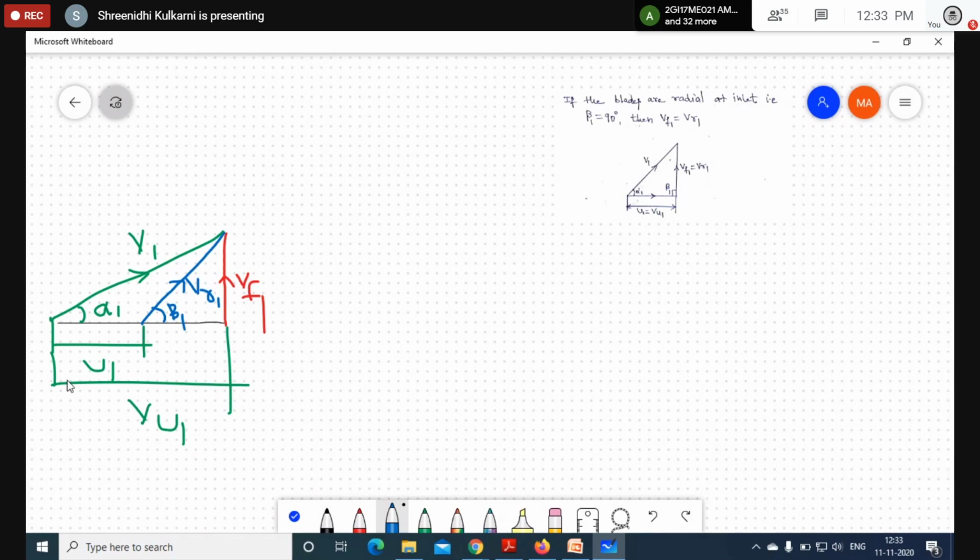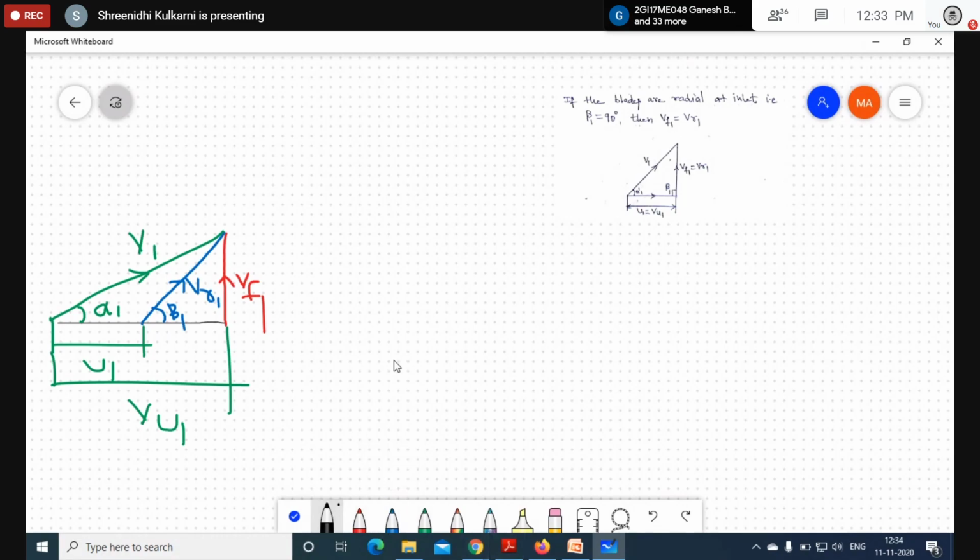See, the condition is if the blades are radial. Please always remember, VR1 is the relative velocity, and beta 1 is the blade angle. The blades being radial means that the relative velocity VR1, with respect to blade angle beta 1, is lying on VF1.